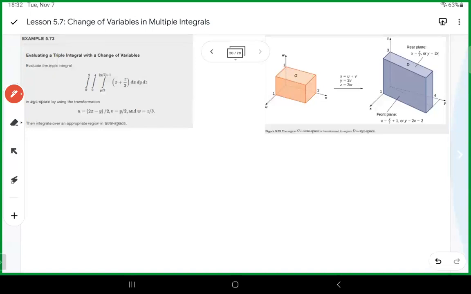So, all right. I'm gonna try and do this as small as humanly possible. Okay. So here's our list. We have equations in the XYZ for D, we're going to have corresponding equations in UVW region G, and then we're going to have the limits for the integration.